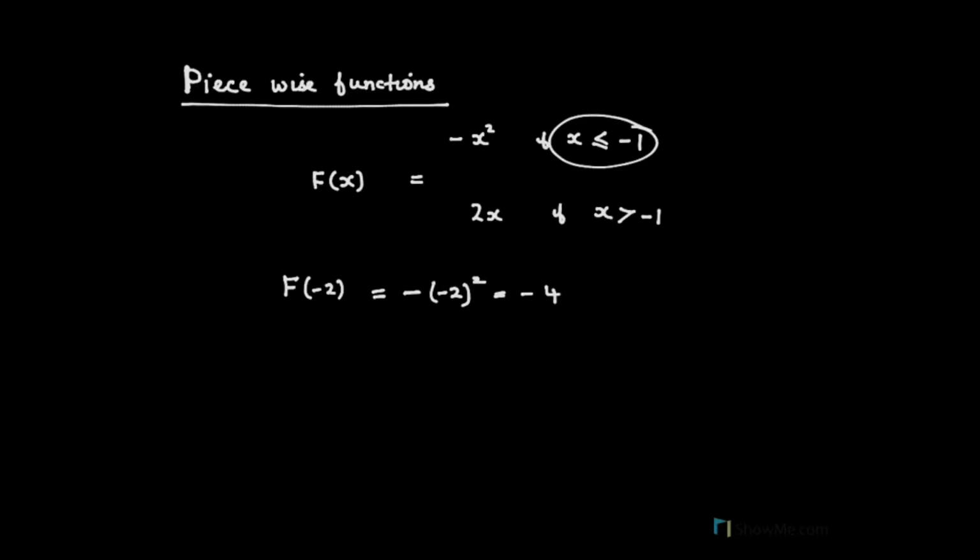On the other hand, suppose I want to find f of 3. Now f of 3 comes under the second category, so it is 2 times 3, which is 6. So these are called piecewise functions. Now these can of course be plotted on a graph also. You can sketch the graph of these functions.